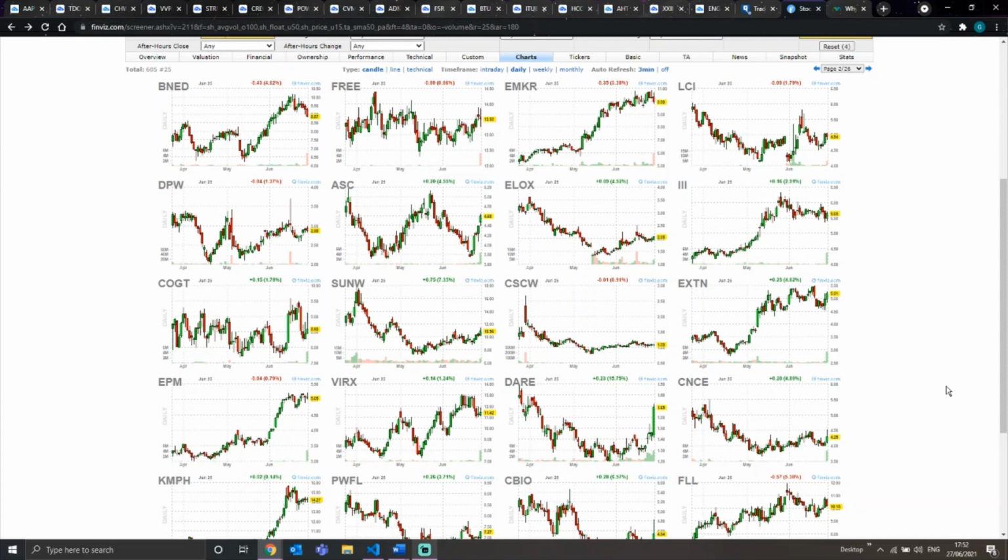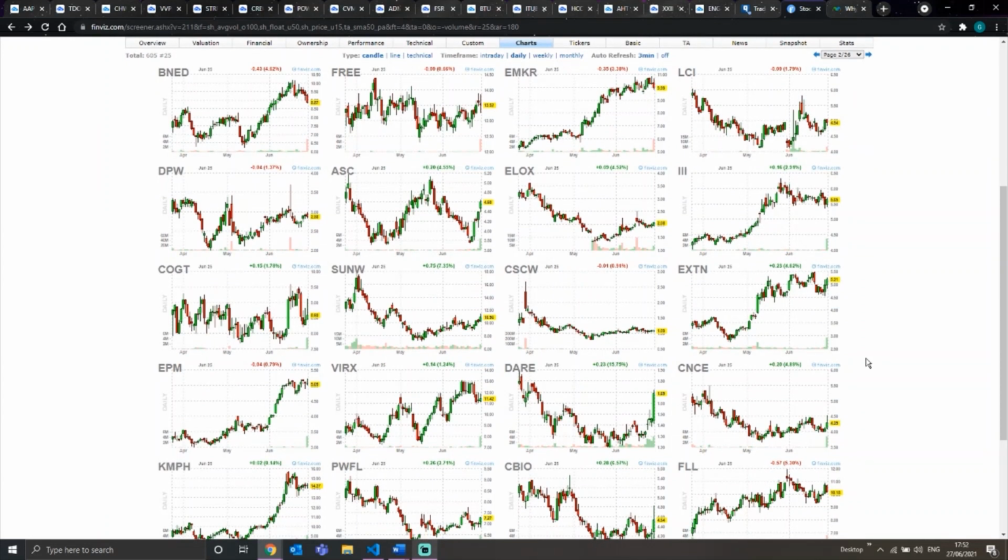I actually like DPW here too. Sorry, there's a motorbike outside there. I missed what you said there. DPW. Yeah, in this chart they're making higher lows. Looks like maybe you can draw a top support there. Mm-hmm. So my plays are FLL and DPW, I guess, for me.